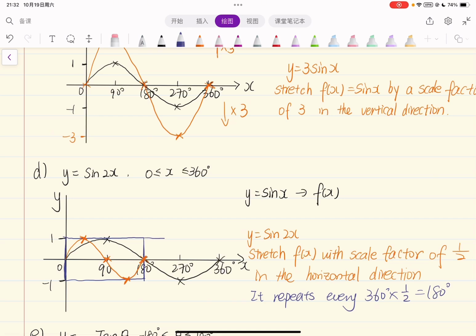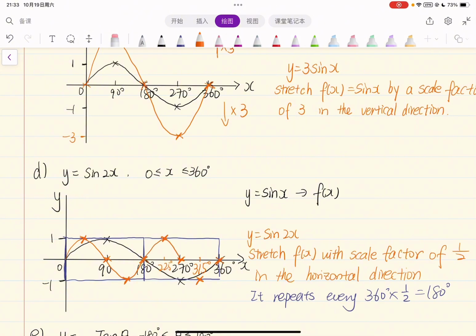and we repeat it in another period cycle. Another cycle, we have 225 degrees, right? Yeah, that is 1, 270 degrees is 0, and 350 degrees is negative 1, 360, that is 0.